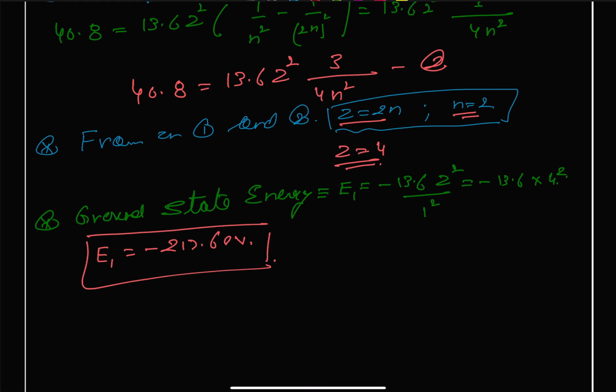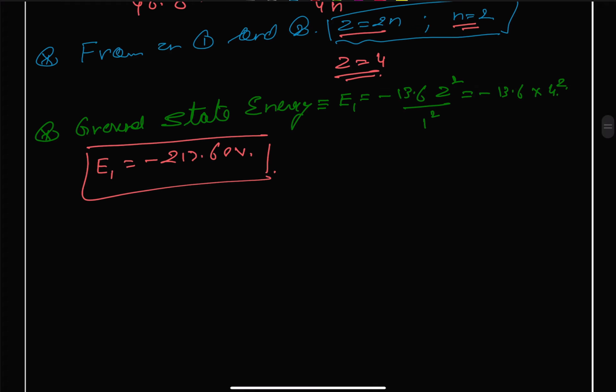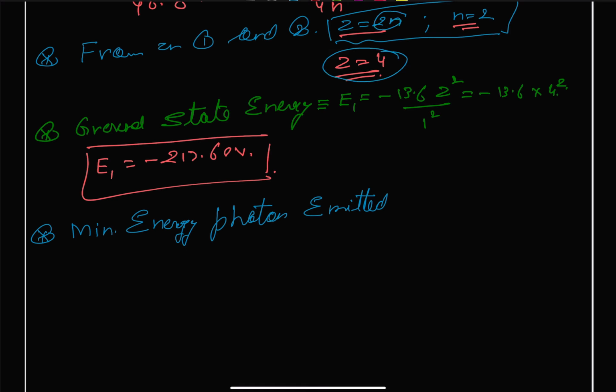And finally, the minimum energy photon emitted. The initial state is 4, because Z is equal to 2n, or we can say Z is equal to 4, which basically means that minimum energy will be emitted when there is the smallest allowed transition.